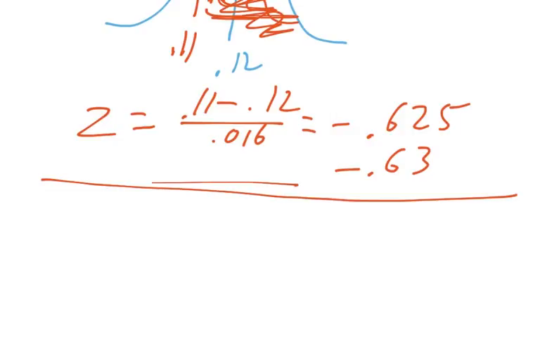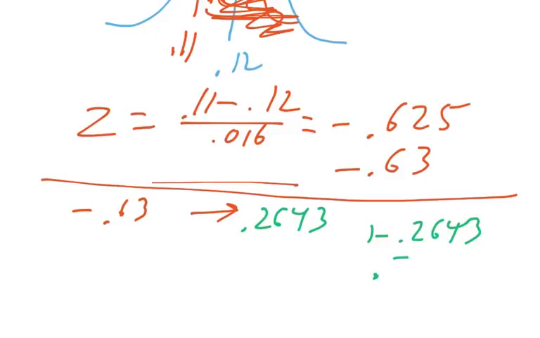So for those of you using your table, when you look up negative 0.63, we get 0.2643, and when we subtract that from 1, because we're looking for greater than, we get the answer of 0.7357.